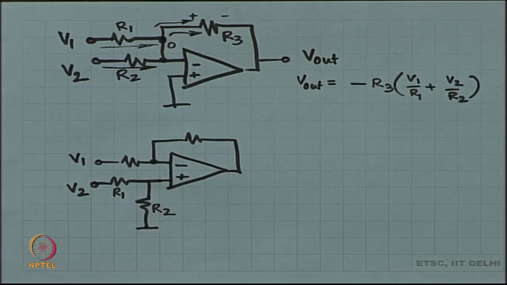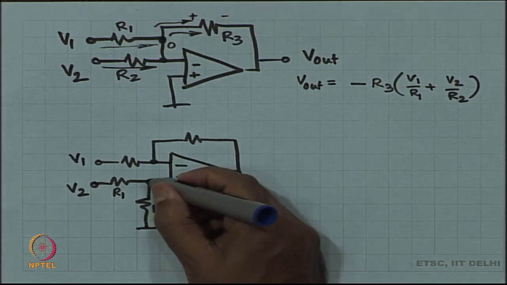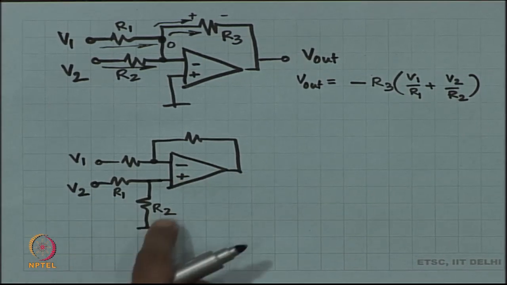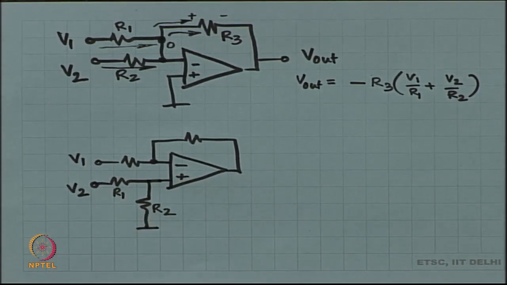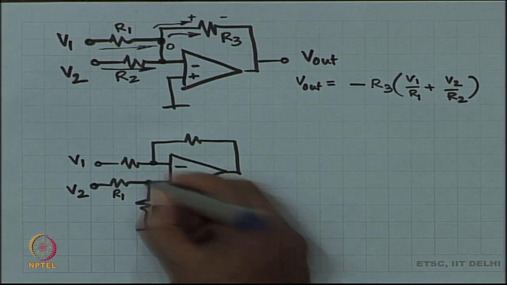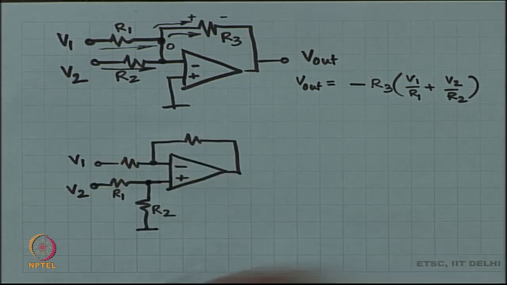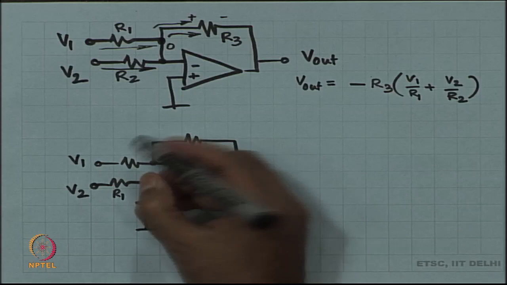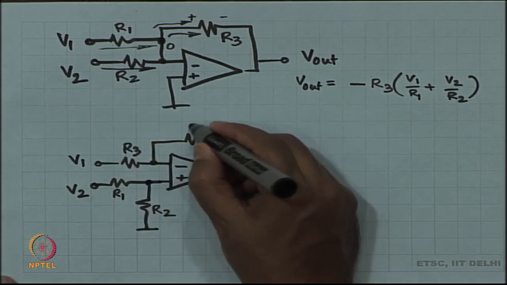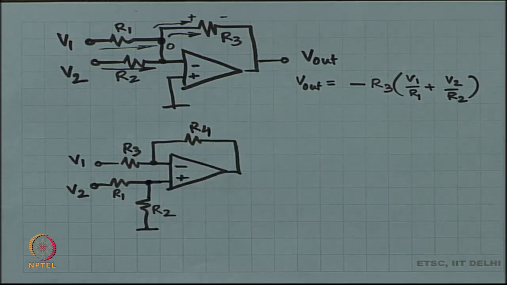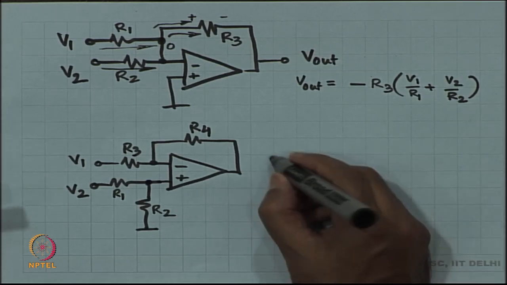So, in this case you apply superposition again. So, the voltage at the plus terminal is V2 times R2 by R1 plus R2, because it is a potential divider. This voltage is going to be amplified by a factor 1 plus R4 by R3. Okay.